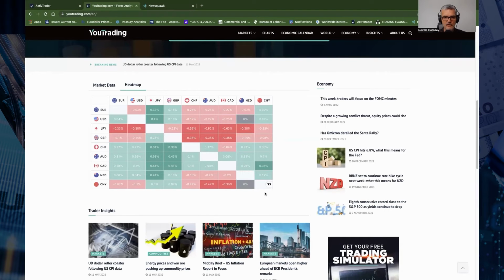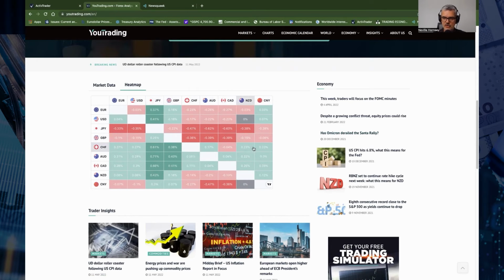Looking at the YouTrading.com Forex heat map, yen is weak today. Yesterday it was strong, so we saw the yen crosses all dropping. Pound is weak again. Euro is, like you see here, weak. Obviously, it's stronger than the yen and the pound at the moment, and the yuan. But essentially, euro's weakening, the yen's weak, the pound's weak.